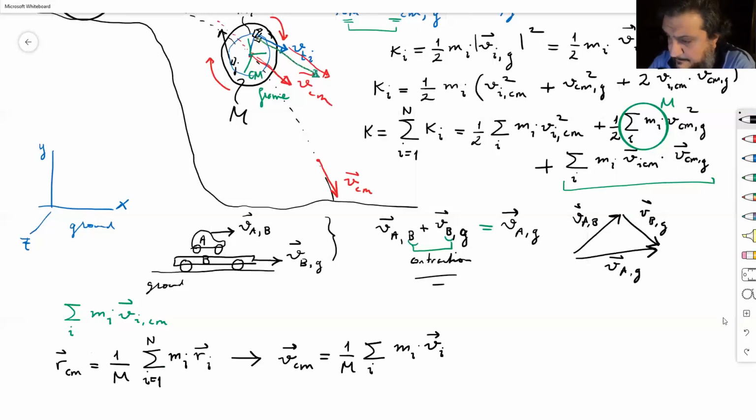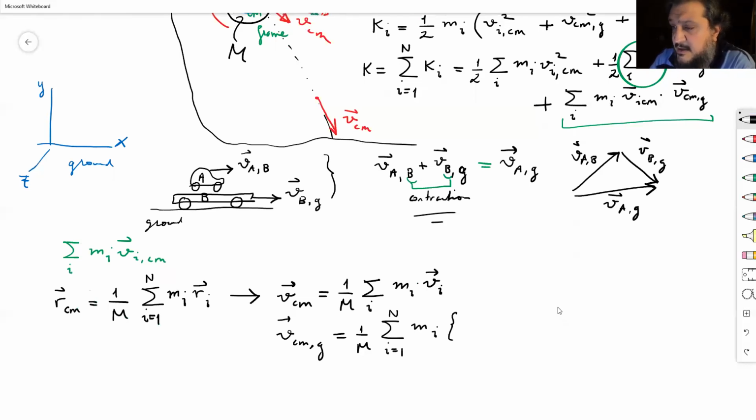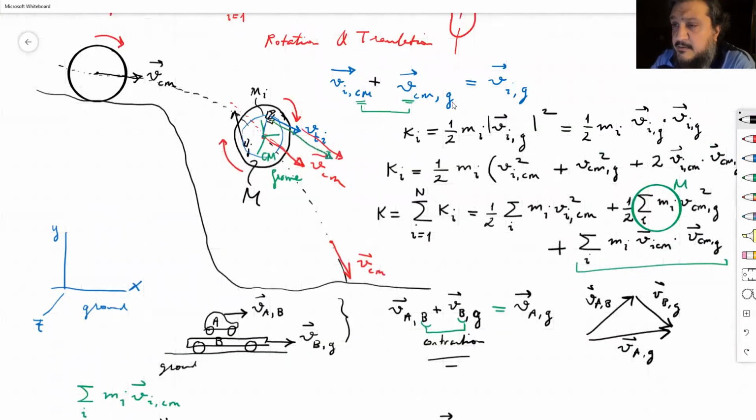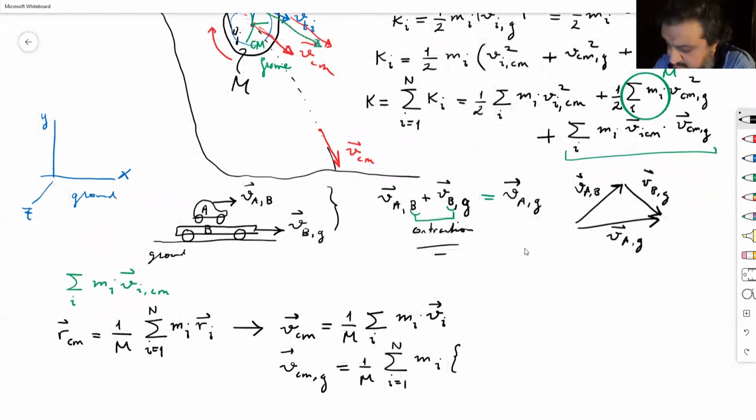So v_cm,g equals 1 over m, summation i from 1 to n, m_i, and then of course in the beginning we wrote v_i,g up here as v_i,cm plus v_cm,g. So v_i,cm plus v_cm,g.